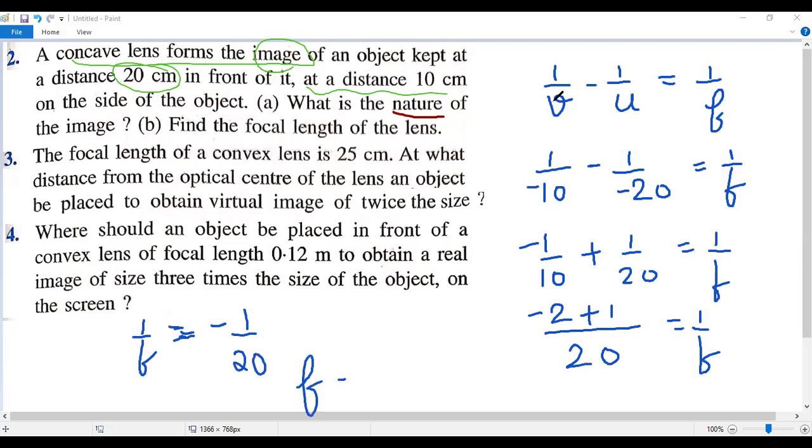So what will be F? Minus 20 centimeter. So students, focal length is 20 centimeter only.